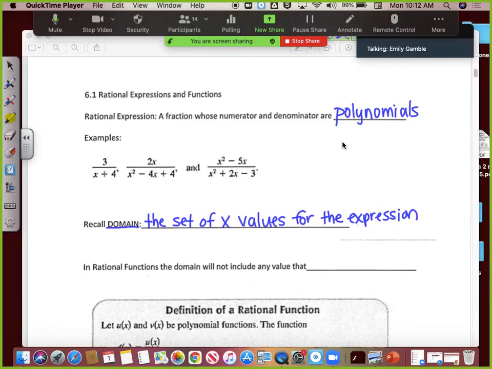When you have a rational function, everything is in fraction form, and whenever you have 0 in the denominator of a fraction, if you were to divide it with your calculator, it'll tell you divide by 0 error. It'll say that it does not exist. So that's what we're going to be seeing in these types of problems. We're going to be trying to figure out when the different numbers will work for these rational functions. So in a rational function, the domain will not include any value that makes the denominator equal to 0.